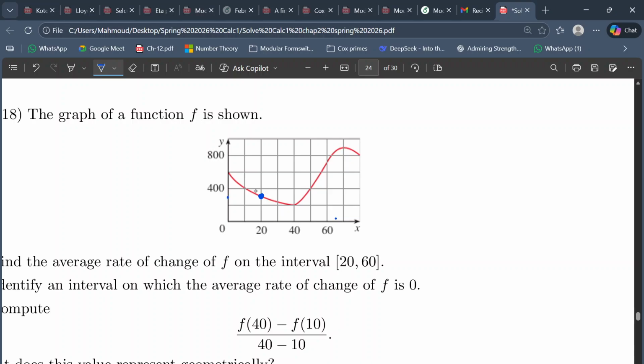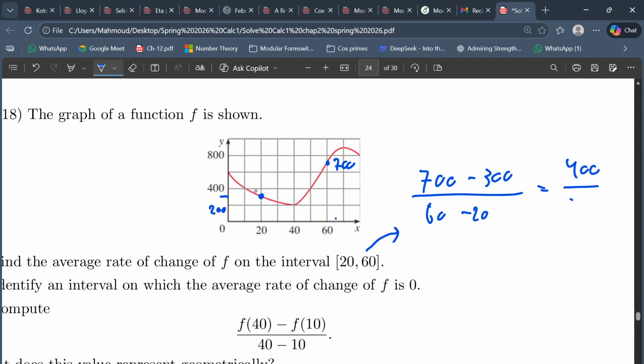I think it's between 200 and 400, yes. So it's 300. Here at 60, 700, right? So the average rate of change will be 700 minus 300 over 60 minus 20, right? And this equals 400 over 40, right? This equals 10, right?